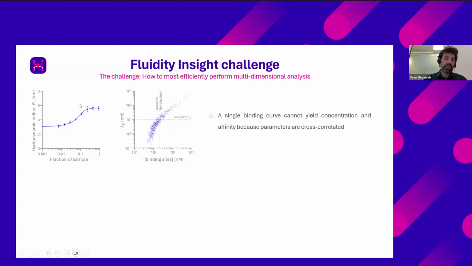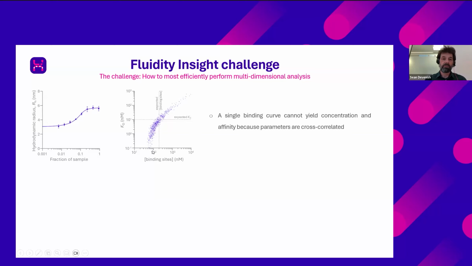So if we take a binding curve and fit this 1,000 times for affinity and concentration, this is the result. What we see is that the two properties are correlated against each other. So we can essentially trade off affinity against concentration. We don't really know what either of these properties are.